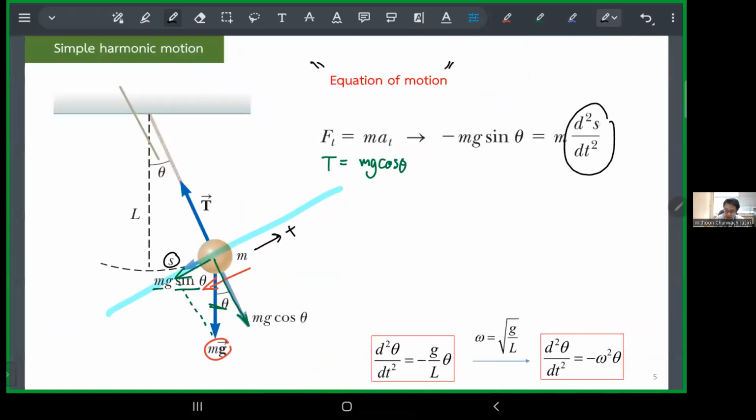So your acceleration is going to be your tangential acceleration, d2s by dt2. From the look of this, I think I'm getting pretty close. Mass cancels. And let me rearrange into the form of the equation that looks just like mass on spring.